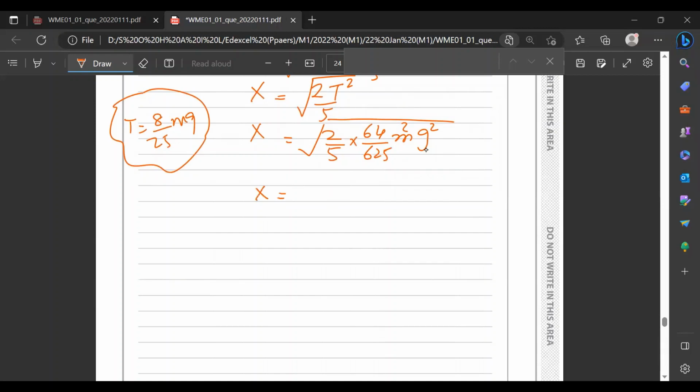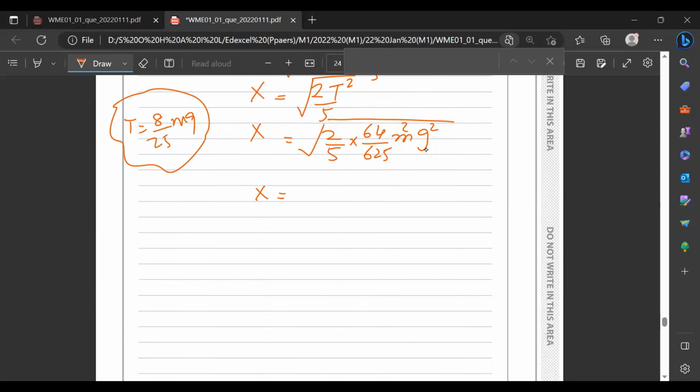X is equal to, you can simplify, you can write the answer in decimals. This is basically the square root of 64, you can find. And yes, the answer can be in decimals, or the answer can be in the exact form.